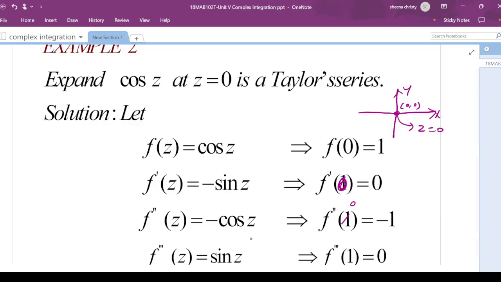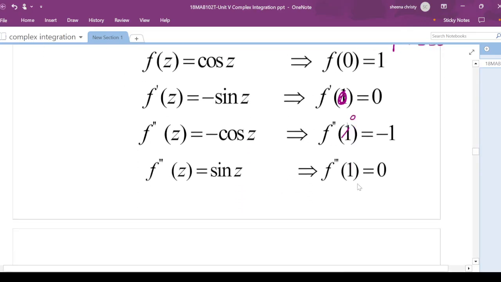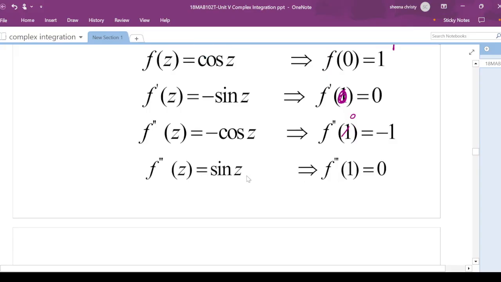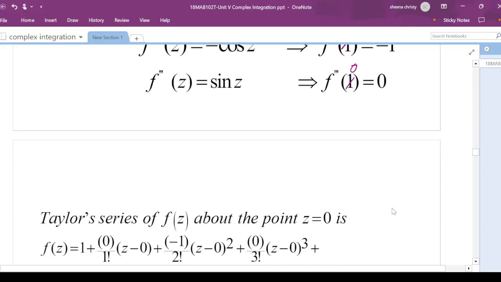F triple dash of z is, because the differentiation of cos is minus sin, so already minus sign is there, plus sin z. At the point z equal to 0, sin 0 is 0. So you are getting f triple dash of 0 is 0. Now substitute in the formula.